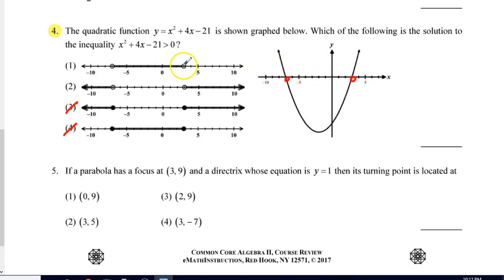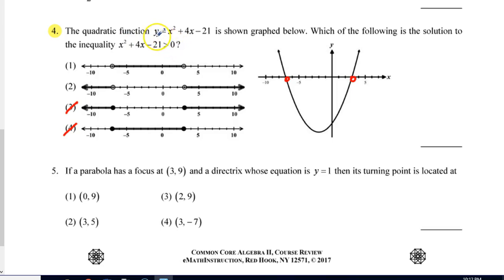And now the question is, well, is the solution in between those 2 points? In other words, below the x-axis, or is it beyond those 2 points, above the x-axis? Well, this is saying when this function, this expression is greater than 0.